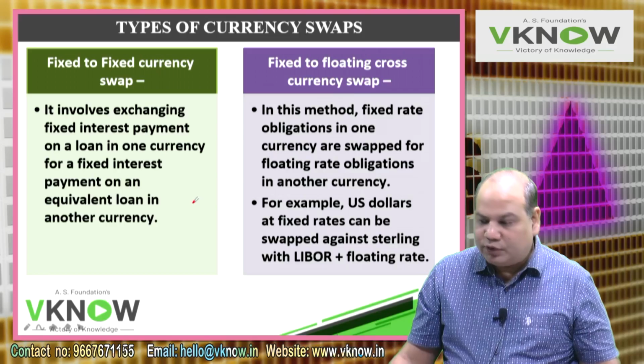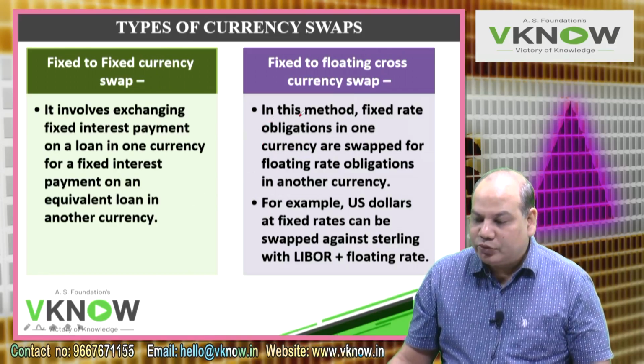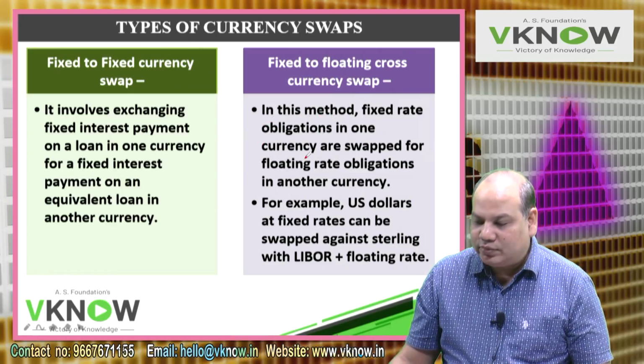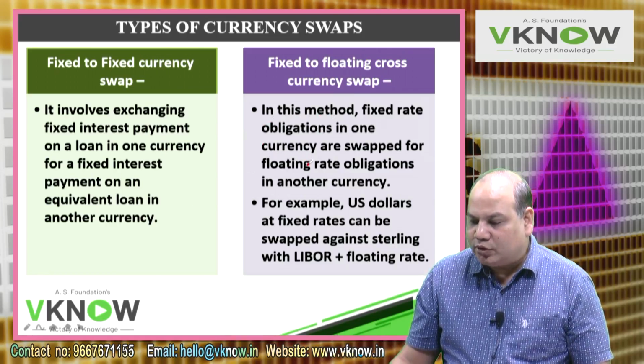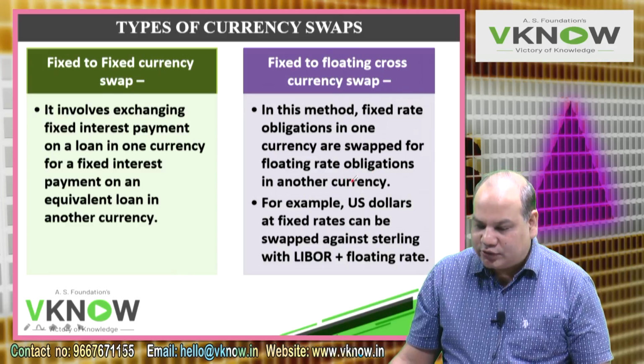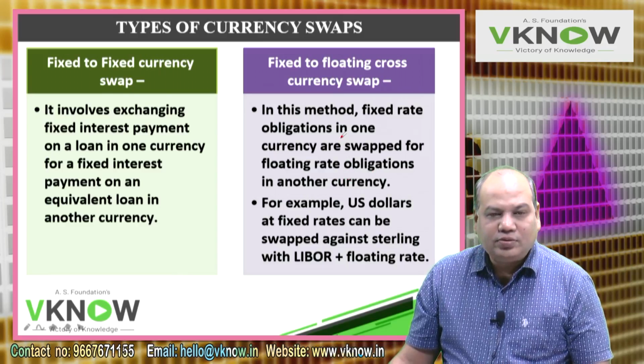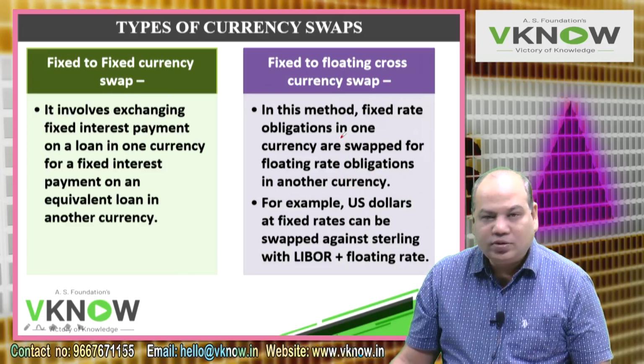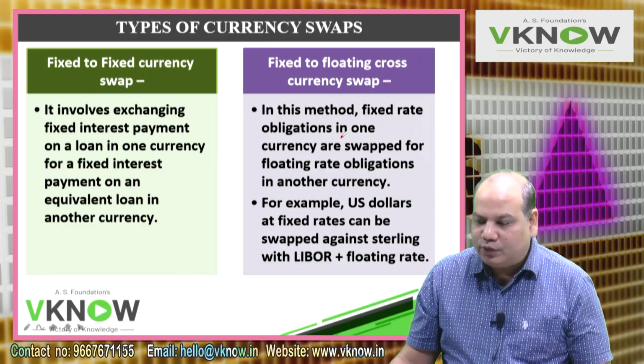And then what is the fixed to floating currency swap? Under this method, a fixed rate obligation in one currency is swapped for a floating rate obligation in another currency. One party will pay fixed rate, the other party will pay floating rate.